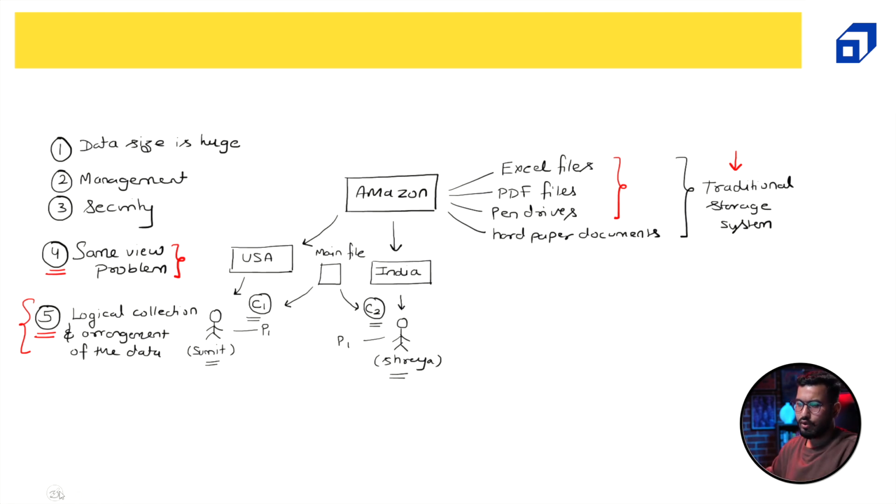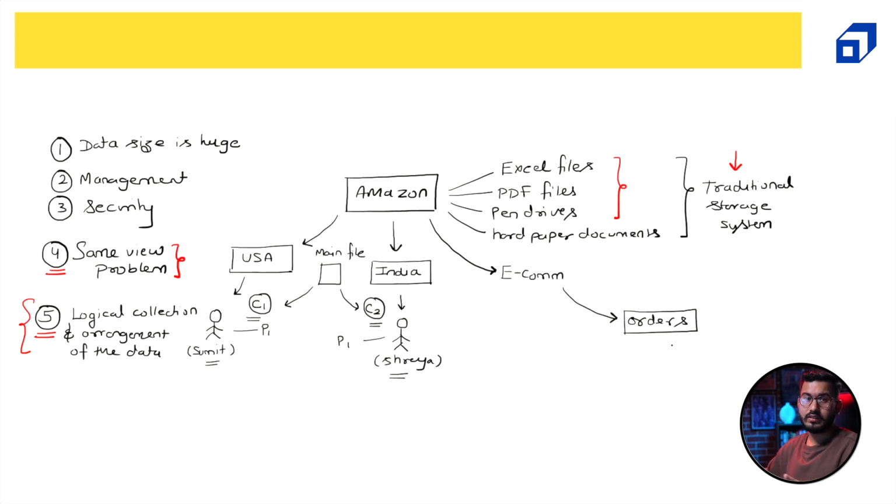So when it comes to logical collection and arrangement of the data, let's say Amazon has multiple businesses. Let's take one of them, which is e-commerce. You already know that in e-commerce, various customers place various orders. So we have the orders data.